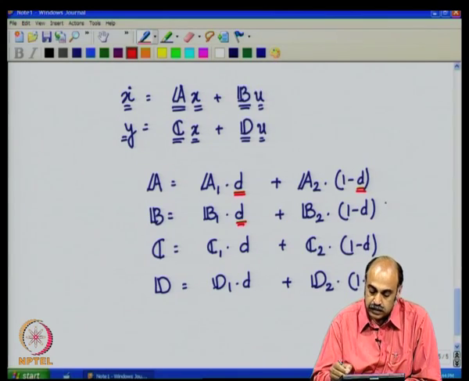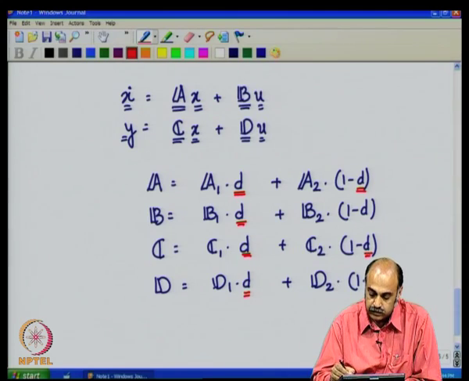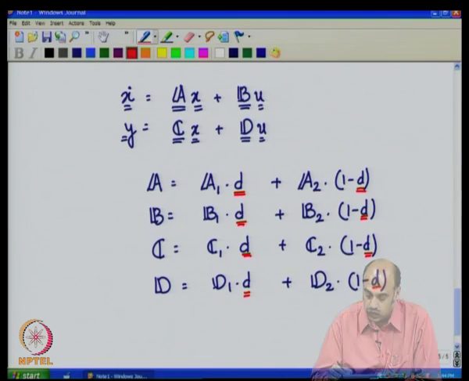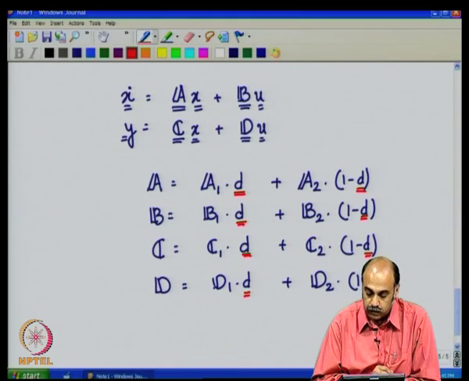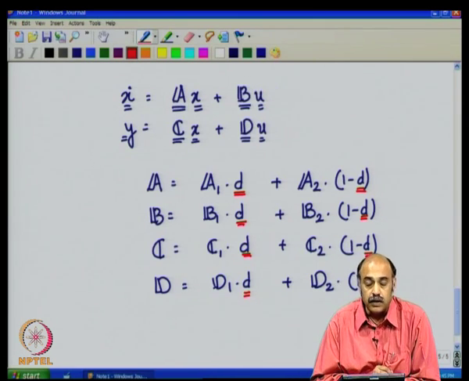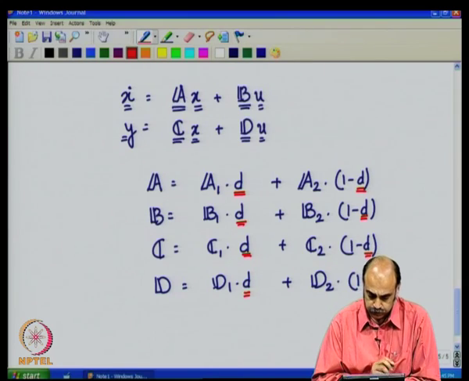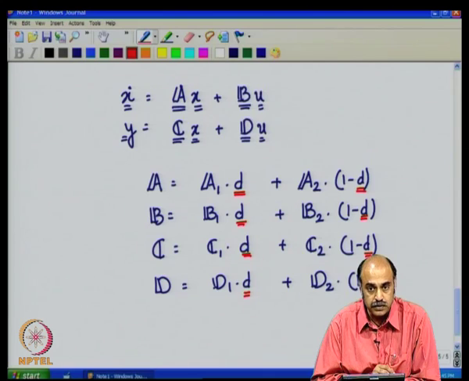The matrices A, B, C, D would become time varying matrices, because D is no longer a constant. This is one issue that we need to address and solve, because the state equation methodology that we will be adopting for designing the controllers is for linear time invariant systems. So, the matrices A and B are supposed to be constants.